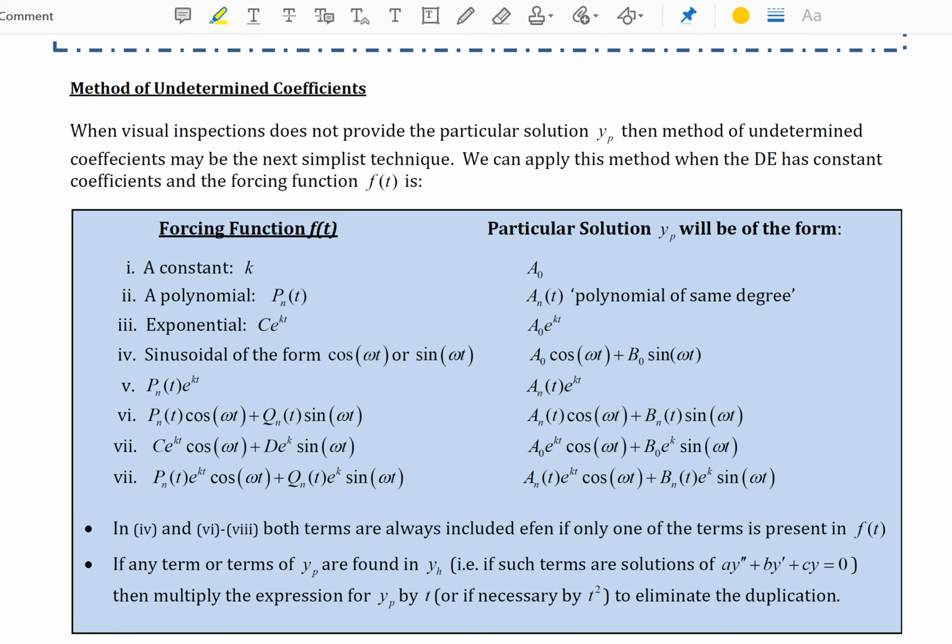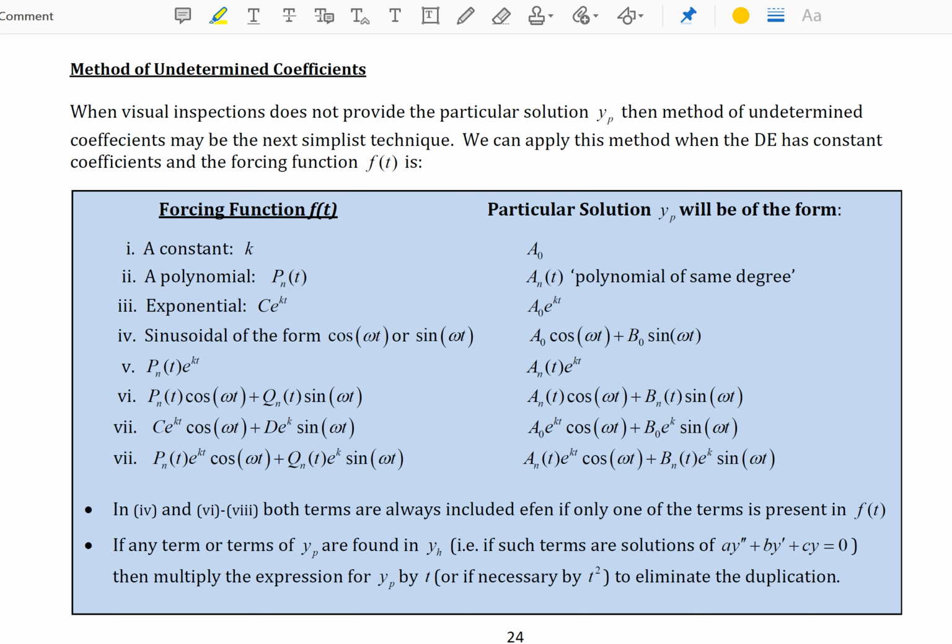Let's look at the method of undetermined coefficients. When visual inspection does not provide a particular solution yp, then the method of undetermined coefficients may be the next simplest technique. We can apply this method when the DE has constant coefficients and the forcing function f of t is one of the following.